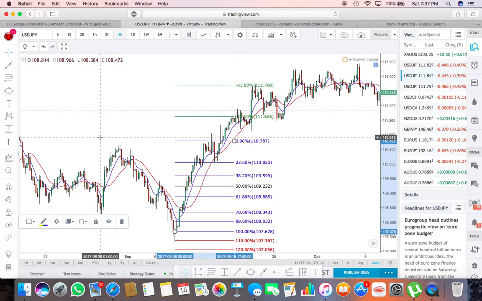You know 38.2 retracement gives 261.8 for the extension tool.